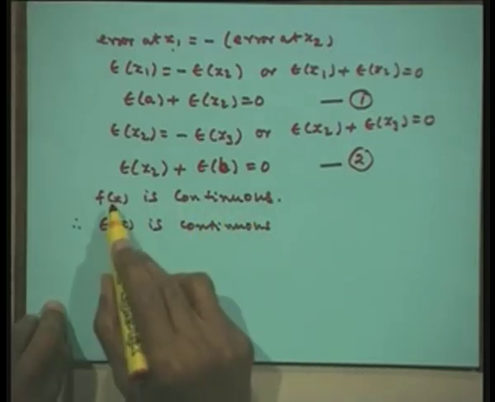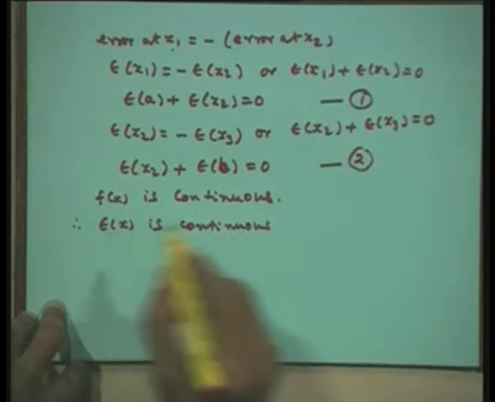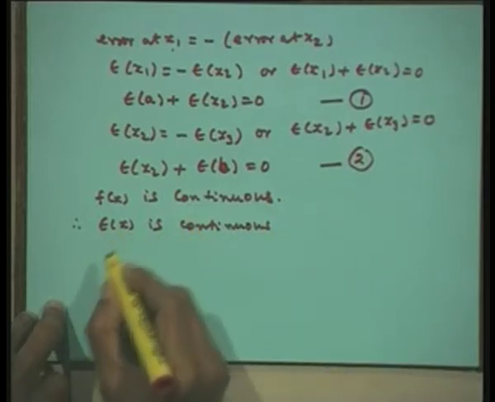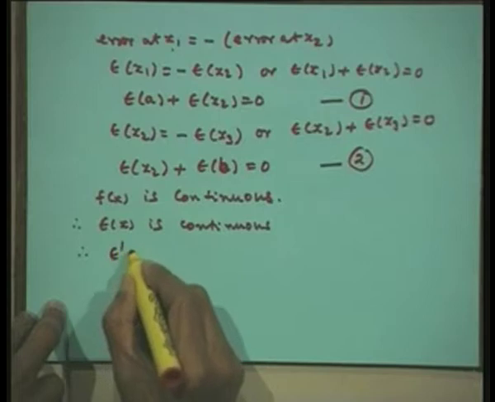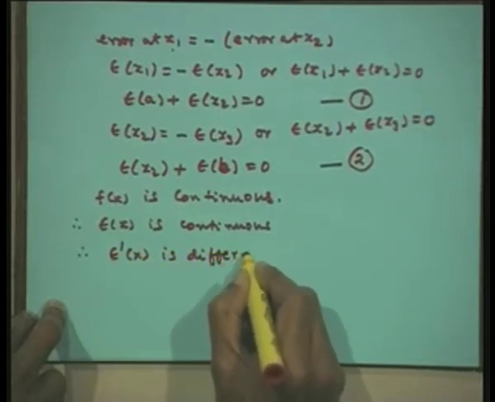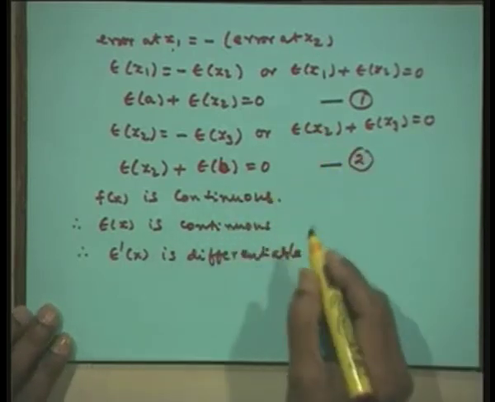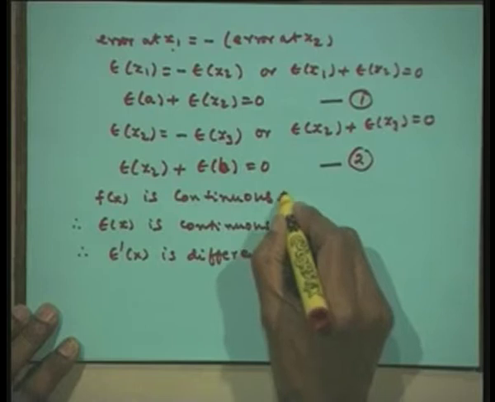Furthermore, we have taken that f is differentiable also, therefore epsilon also is differentiable. Therefore, epsilon x is differentiable. We are talking of our interval a b, so I can include that.